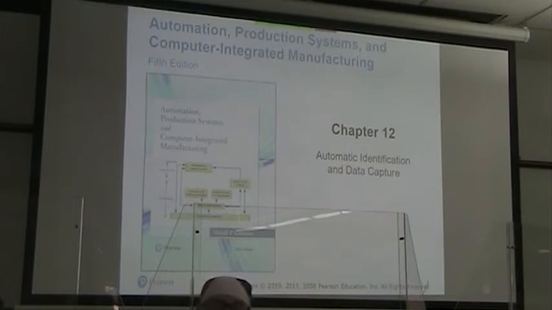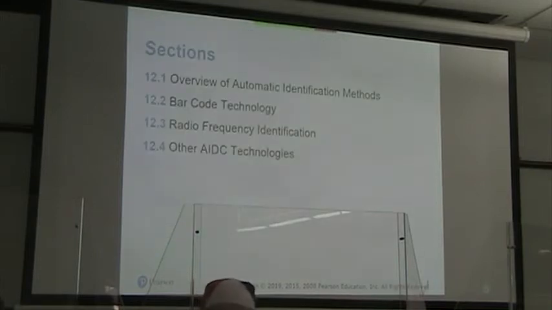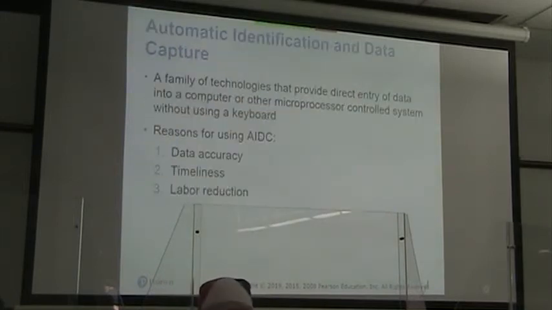All right. Chapter 12 is about automatic identification and data capture. So we will be discussing these four sections of Chapter 12.